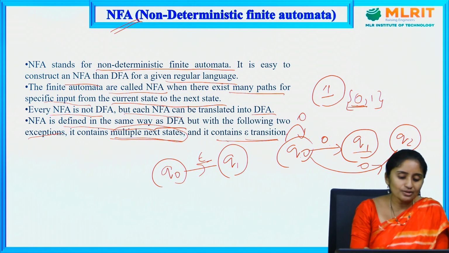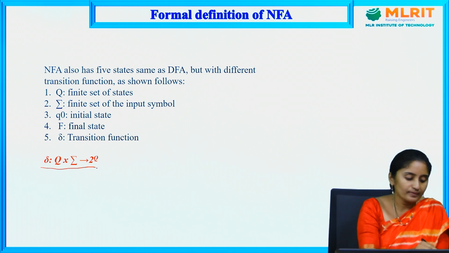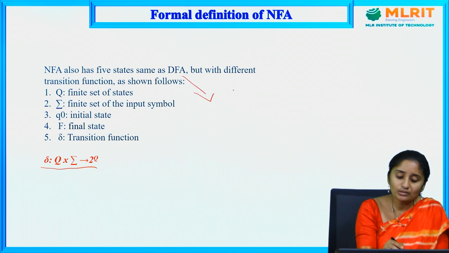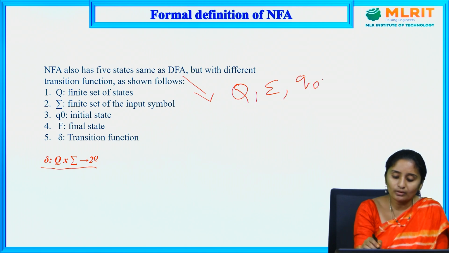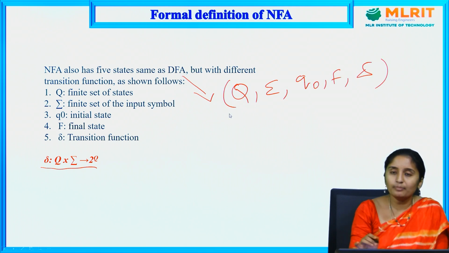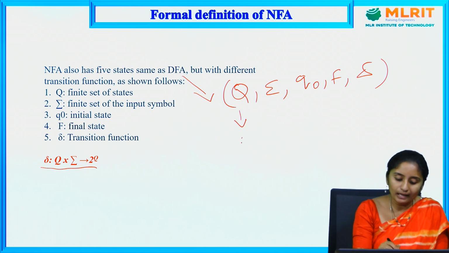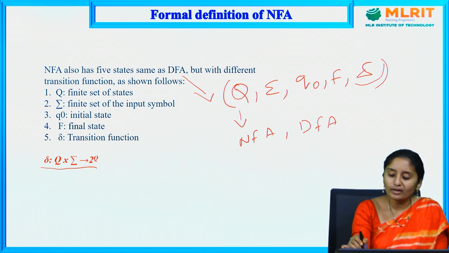And the transition function also differs here. The NFA also consists of 5 tuples: Q, sigma, Q naught, F and delta. These are the 5 tuples we are going to have in NFA as well as in DFA. But the only difference is in the transition function.